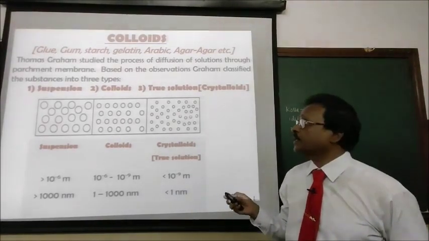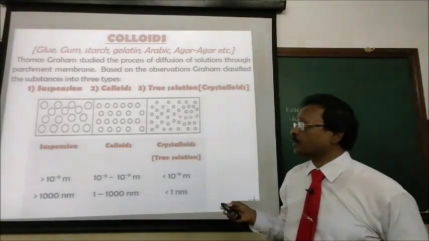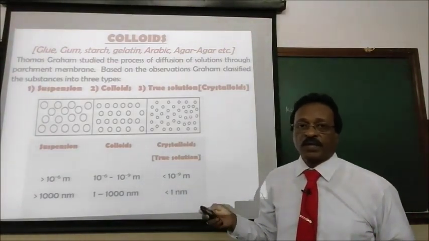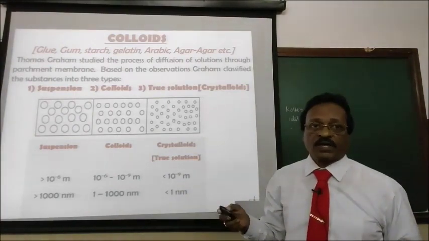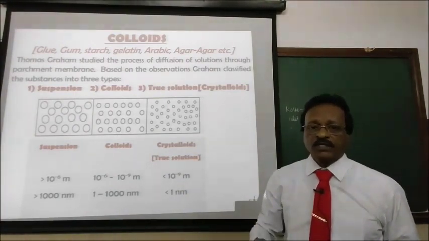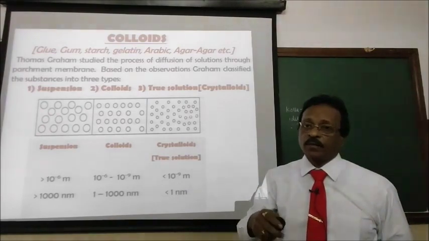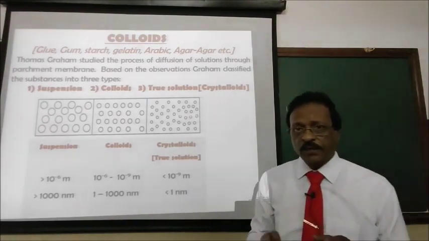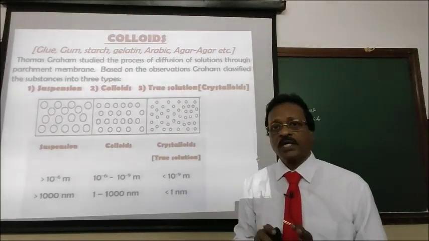In the beginning, Thomas Graham took freshly prepared precipitates like barium hydroxide, ferric hydroxide, aluminium hydroxide, or barium sulfate, and studied the diffusion property through the membrane, the parchment membrane bag. He found that the particles are not coming out through the parchment membrane.